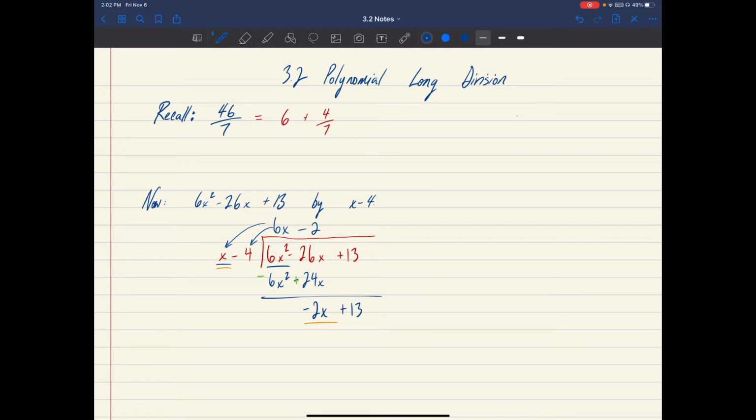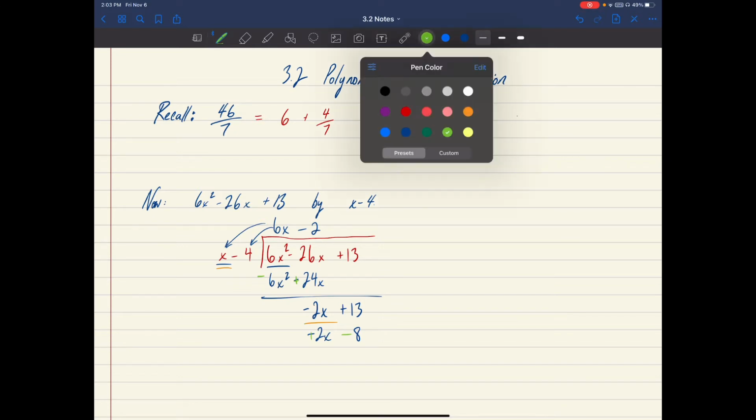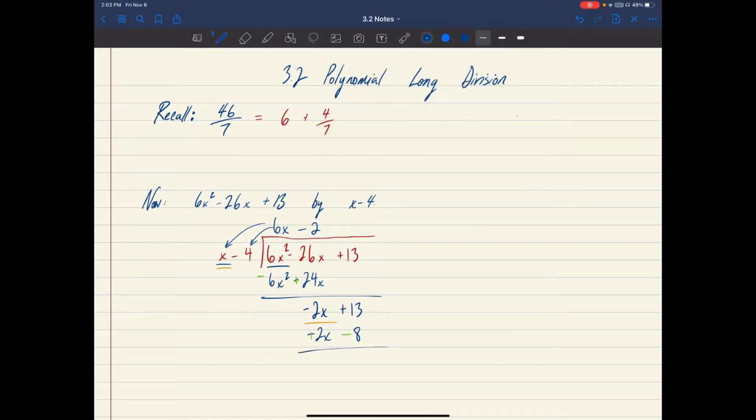So negative 2 times x is negative 2x, and negative 2 times negative 4 is positive 8. And then we flip our signs, so we have a negative 8 and a positive 2x there. 2x minus 2x is 0. 13 minus 8 is 5.